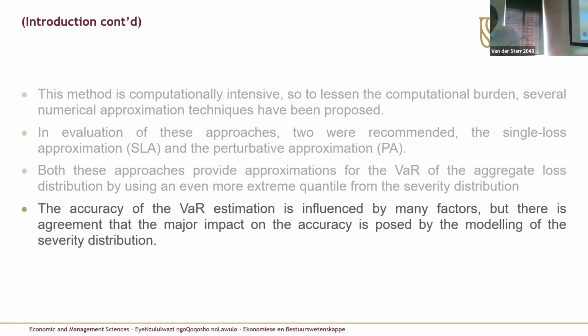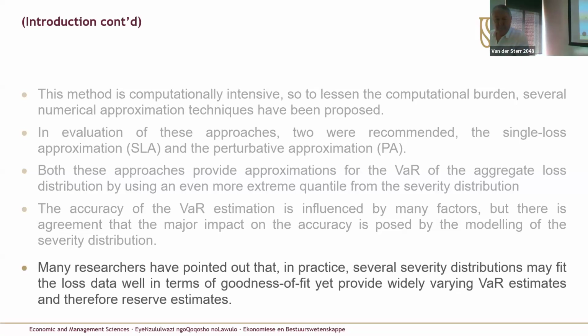The work being done depends on many factors, or the accuracy of the estimates, but the most influence is by the severity distribution. And so the severity distribution that you use, if you fitted it, has the most influence on the accuracy of your quantiles.